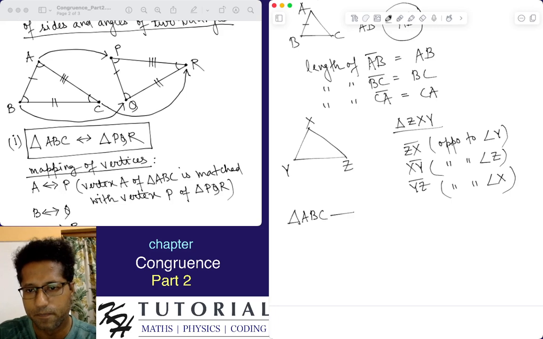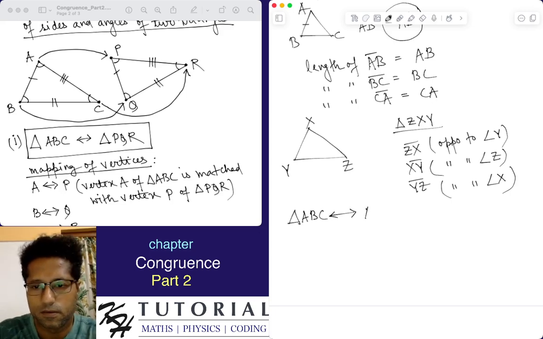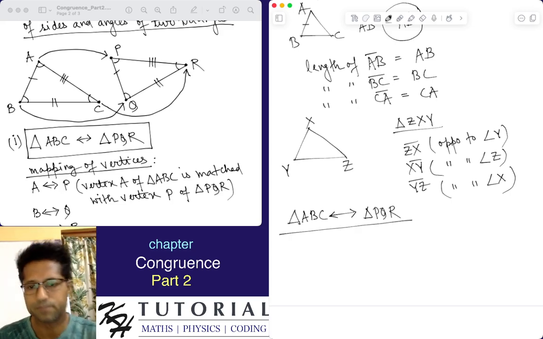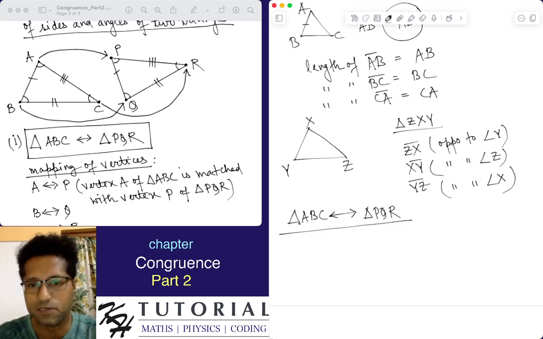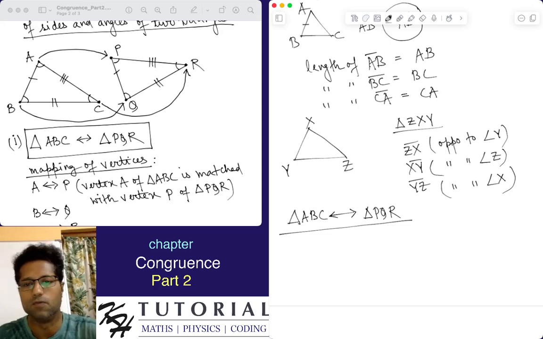this is mathematically expressed with this symbol. This is the matching or correspondence symbol. I write it like this. Now what does this mean? When I write this, how do I know what kind of mapping is established between triangle ABC and PQR? Which vertex A is mapped to, which vertex B is mapped to, which vertex C is mapped to, and what are the mappings of all the sides of ABC with the sides of PQR.